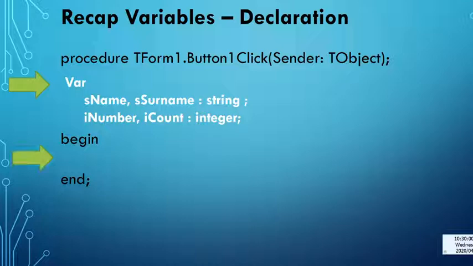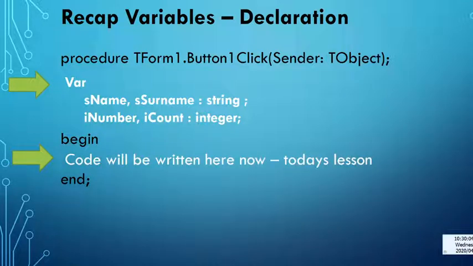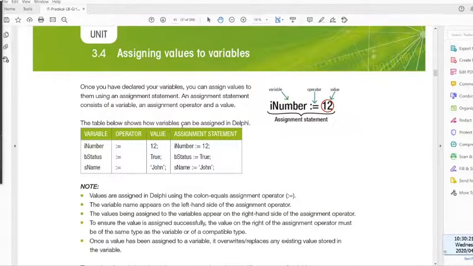Right, then our code goes in here. And this is what today's lesson is all about: how to assign values to the variables that we have declared over here. Right, so I'm going to bring up my textbook. There we go.